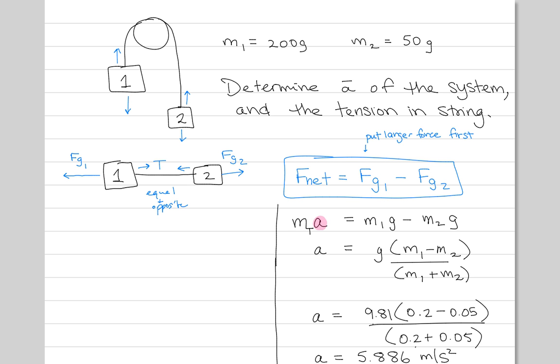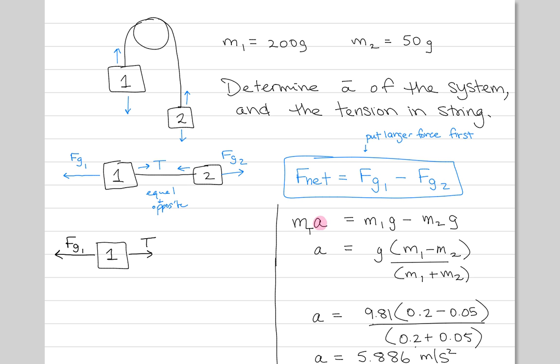One? All right. Switch back to the black ink. Okay, so let's just take a look at block 1. Fg1 is pulling it down, which we just changed to left. And what's on the opposite side of that? The tension. And the tension force has to be smaller than that Fg1 so that it pulls it down.